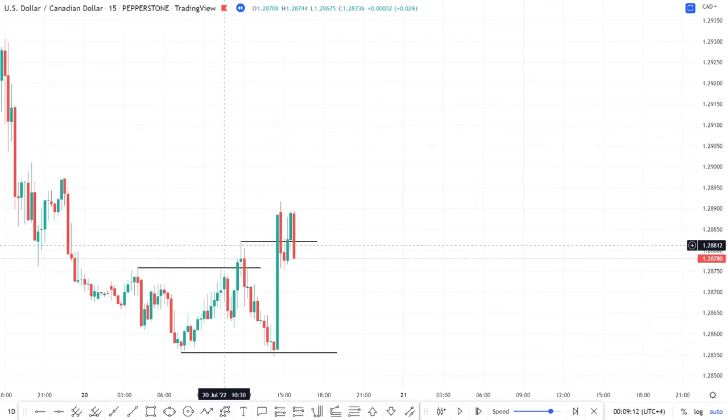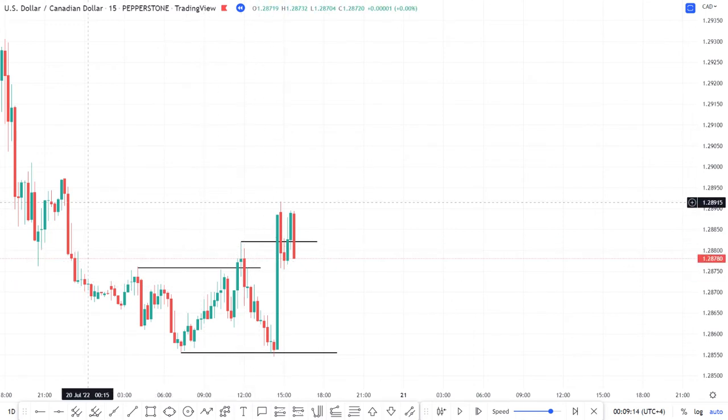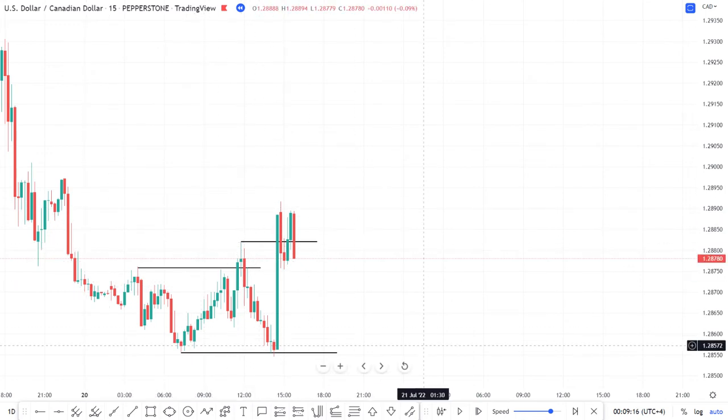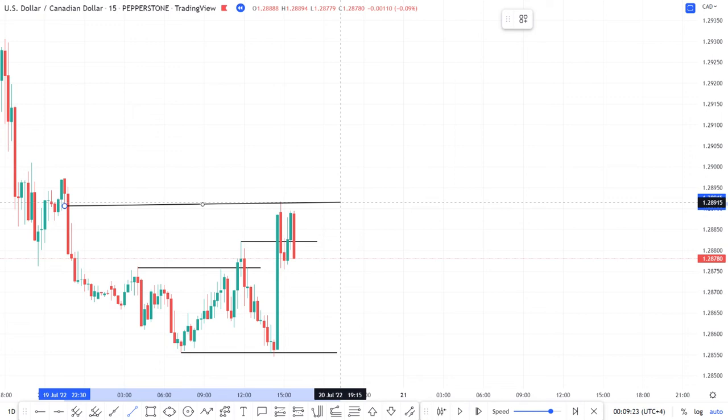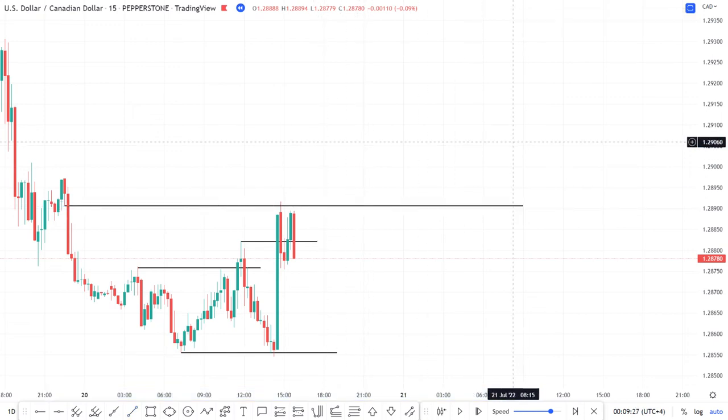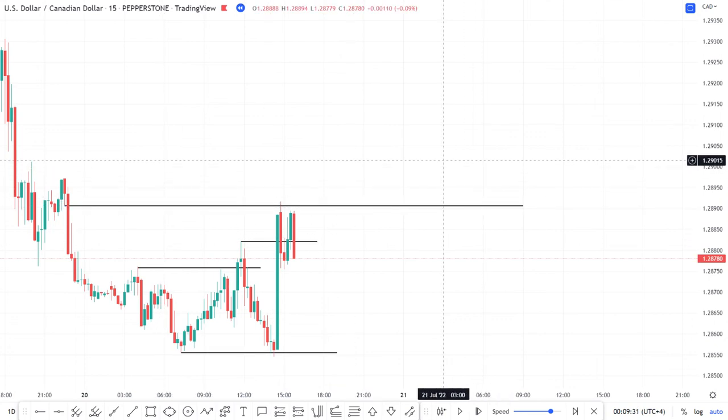Dalawang minor structure ang na-break natin. And now, price returns to the inward frequency line created by the sellers. So we have an inward frequency line dito and hindi siya makatagos doon. So extend natin to sa future and tingnan natin kung ano yung gagawin ng price.